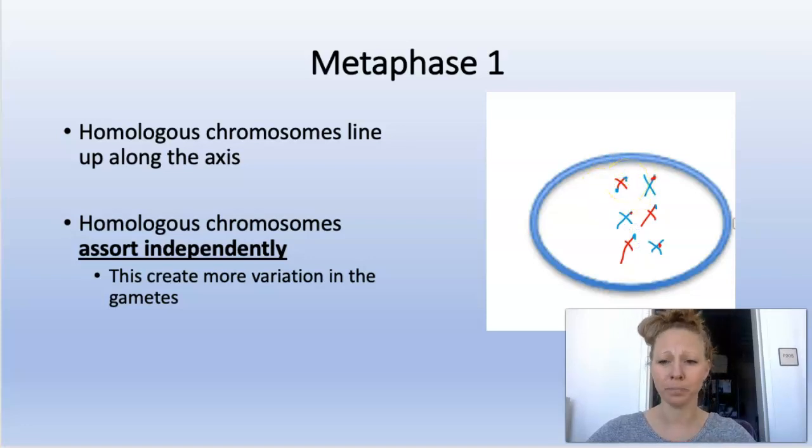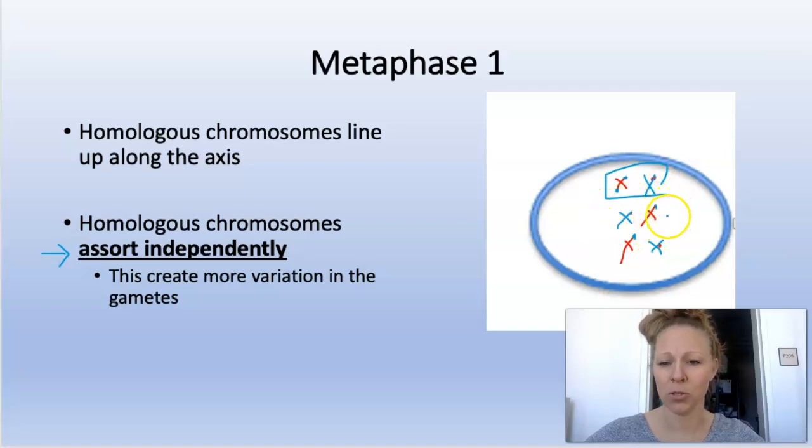And so this is not just a chromosome from mom, but it's a chromosome half from mom and half from dad. And during metaphase 1, the homologous chromosomes assort independently. And this should sound familiar from our last notes, which means that some of the chromosomes from mom are on this side and some are on this side. So it is irrelevant what this pair of chromosomes are doing to these chromosomes.